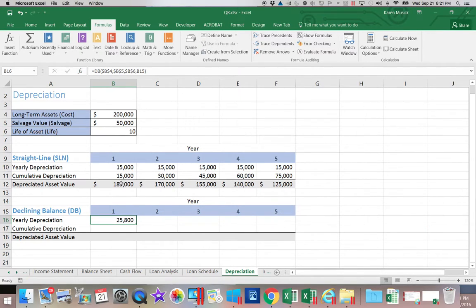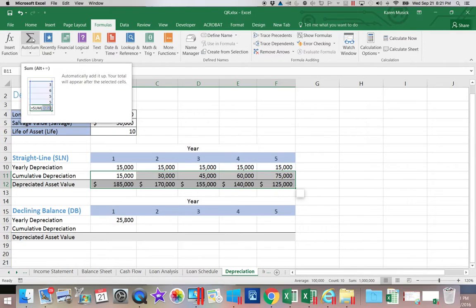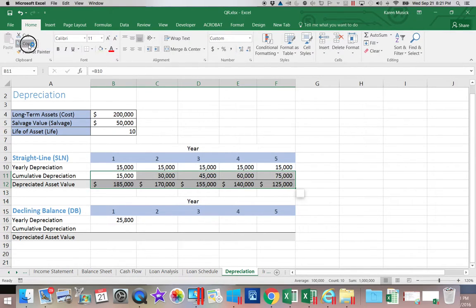I'm going to copy these 2 rows of formulas. I'm going to go back to my Home tab and choose Copy. And then I'm going to come down here and, oops, it didn't want to do it. Let's try it again. Copy. There we go.